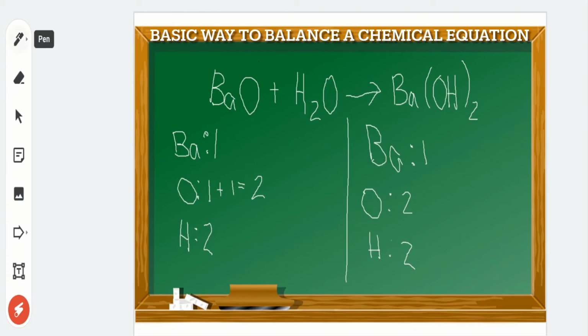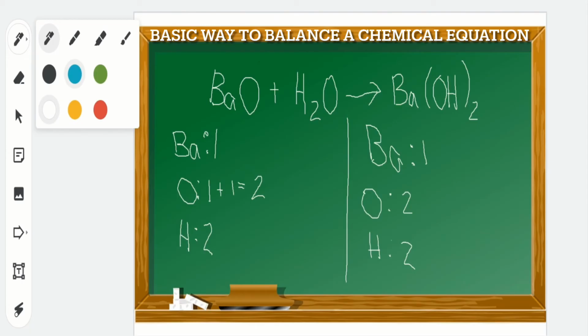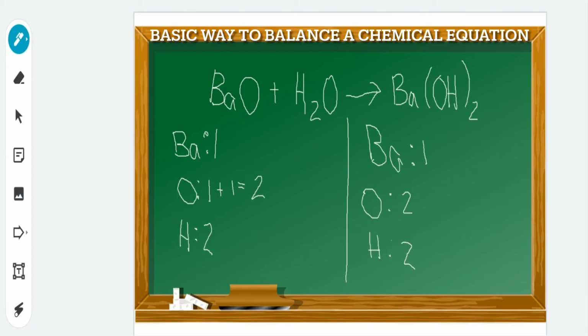So, kung susulat natin yung ating ratio, meron tayong 1 is to 1 is to 1. That's the ratio of this chemical equation. And this is very important.